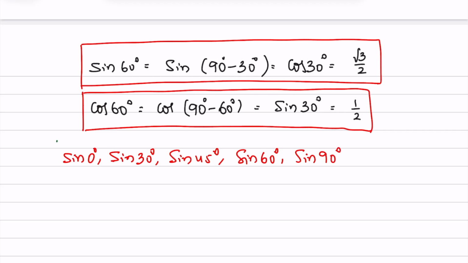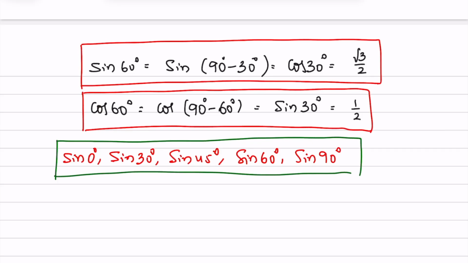These values we have. You just see whether our theory is correct or not. Sin 0 is 0. Sin 30 is half. Sin 45 is 1 by root 2. Sin 60 is root 3 by 2. Sin 90 is 1.